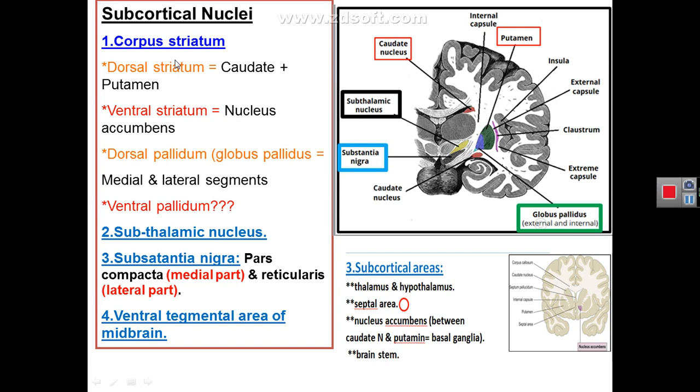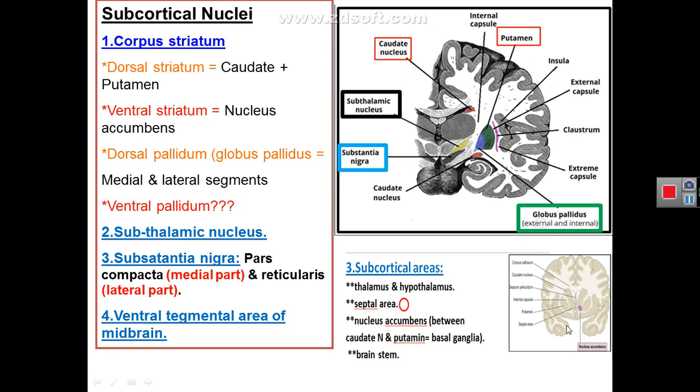Some authors suggest that the basal ganglia are formed of, number one, the corpus striatum. According to other authors, the corpus striatum is formed of the dorsal striatum and the ventral striatum. The dorsal striatum includes the caudate nucleus and putamen, while the ventral striatum includes the nucleus accumbens.